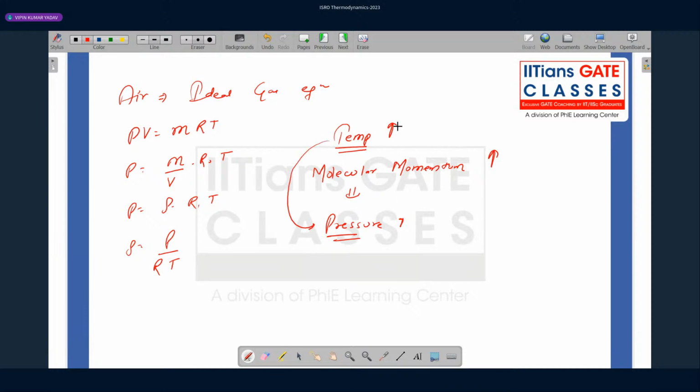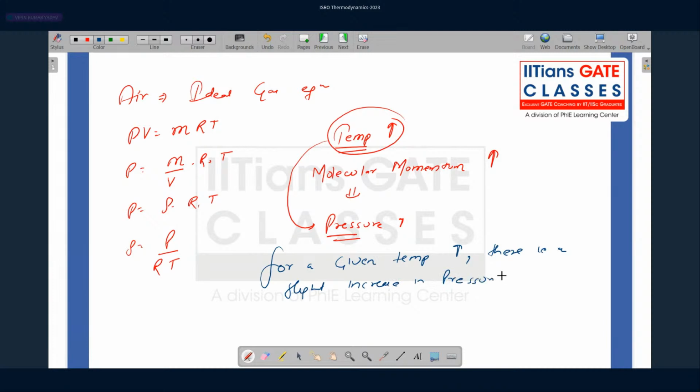So for a given temperature increase, there is a slight increase in pressure because the volume is constant. That means if I say pressure by temperature, temperature is increasing more, but pressure is also increasing, but less. That means this value will be less than 1.